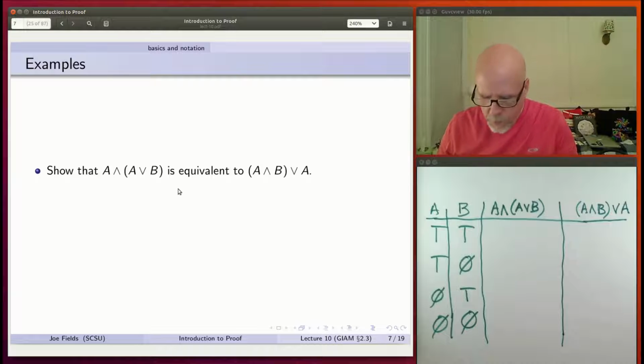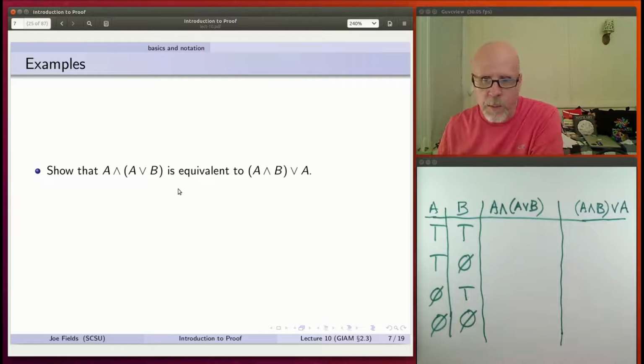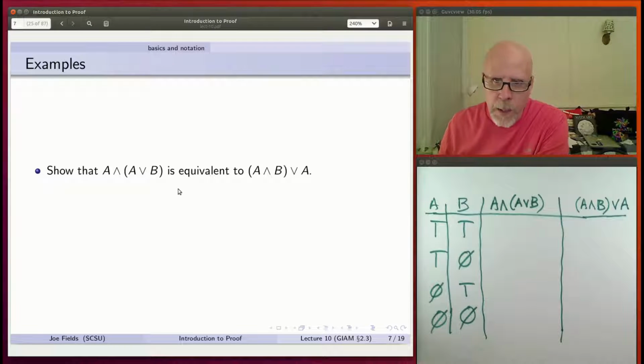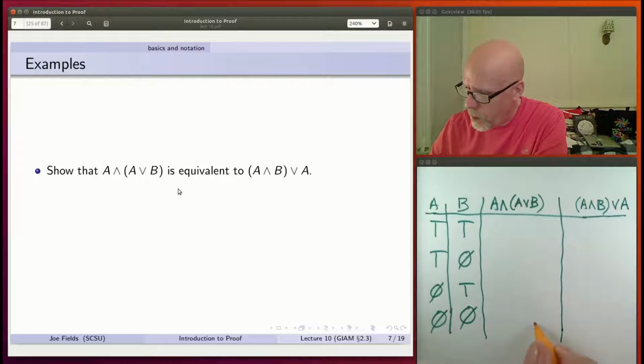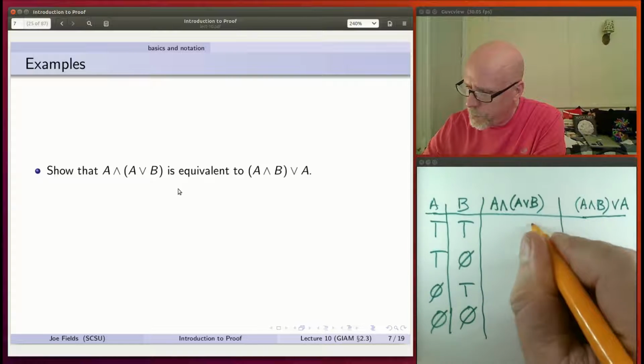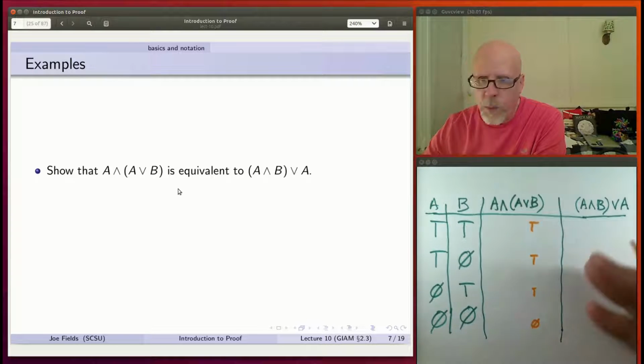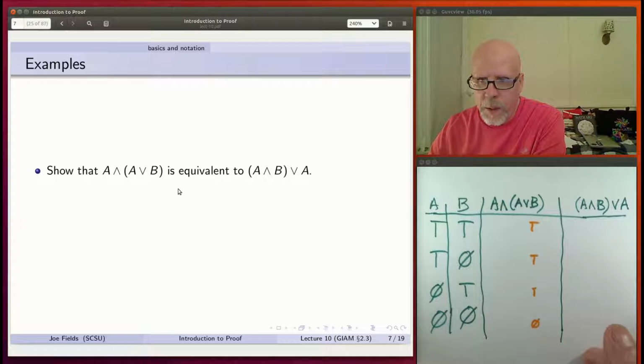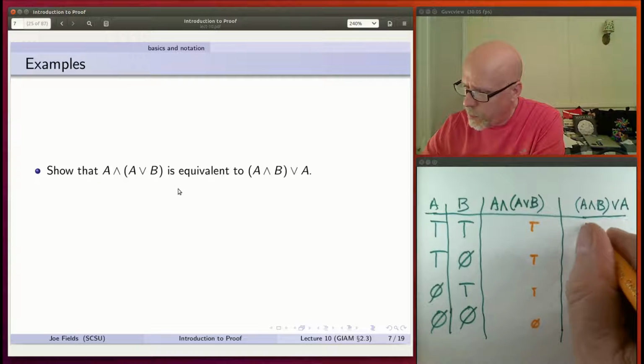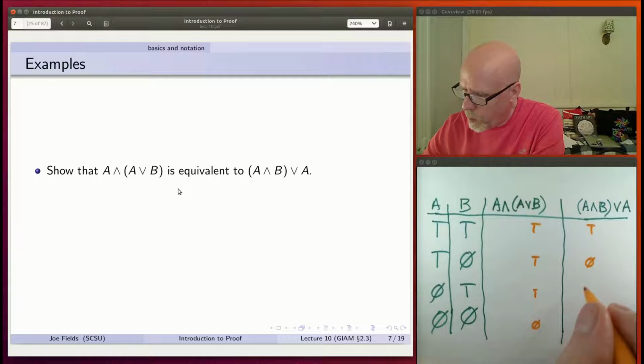We'll use the same trick of penciling in the truth values under the parts that are in parentheses to make our lives just a little bit easier. A or B, an or sentence, right? So it's false just where the two inputs are false, which happens down there, and then it's going to be true every other place. You might as well pencil in the A and B. That's true just in the top position and false everywhere else.